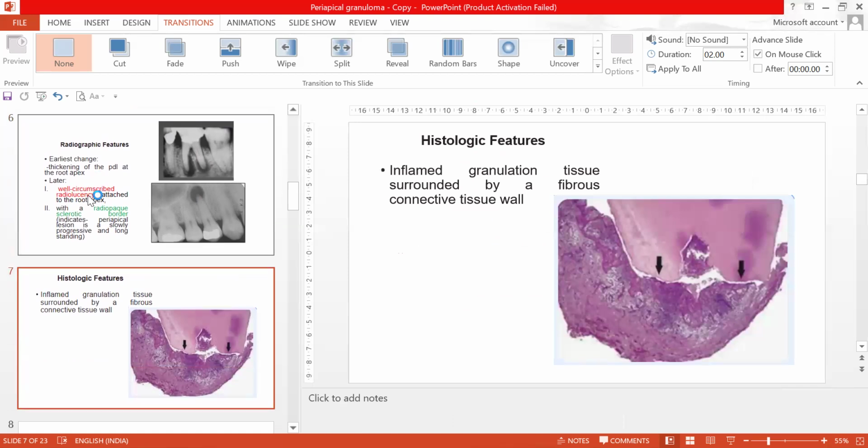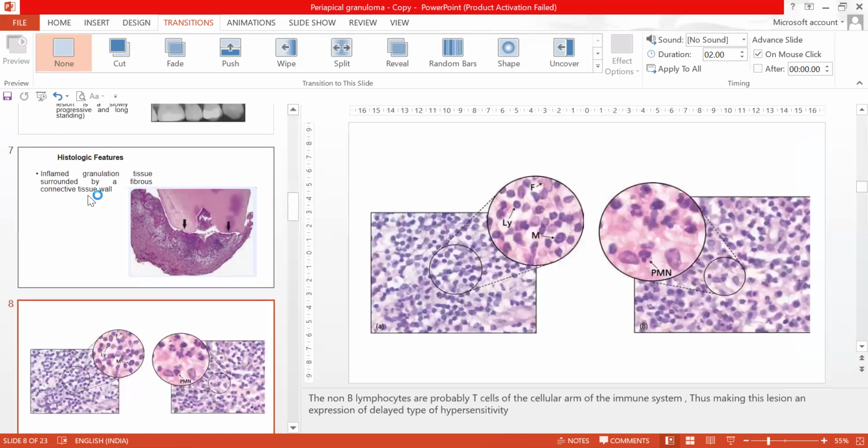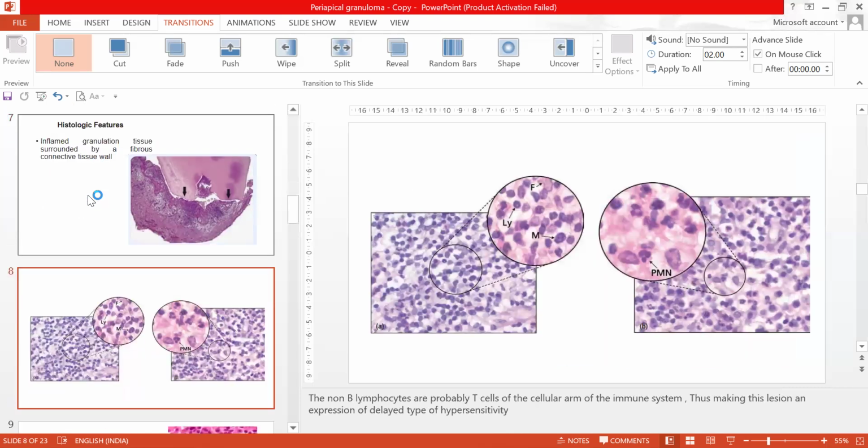Coming to the histological features, the periapical granuloma consists of inflamed granulation tissue surrounded by a fibrous connective tissue wall. The granulation tissue demonstrates a variably dense lymphocytic infiltrate that is intermixed with neutrophils, plasma cells, histiocytes, and less frequently the mast cells and eosinophils.